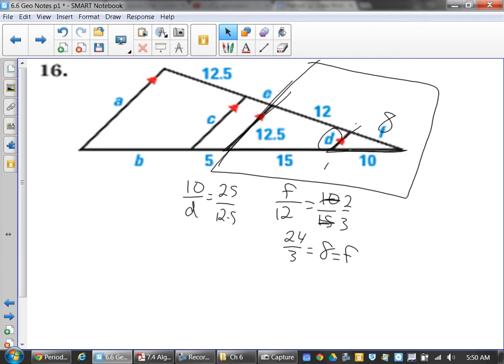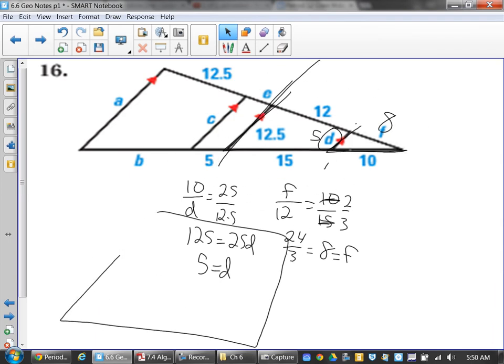No. Well, whatever. 125 is 25d. No, this is 5. So this is 5. I can do the same idea now to figure out what the value of e is. I'll get this out of the way.